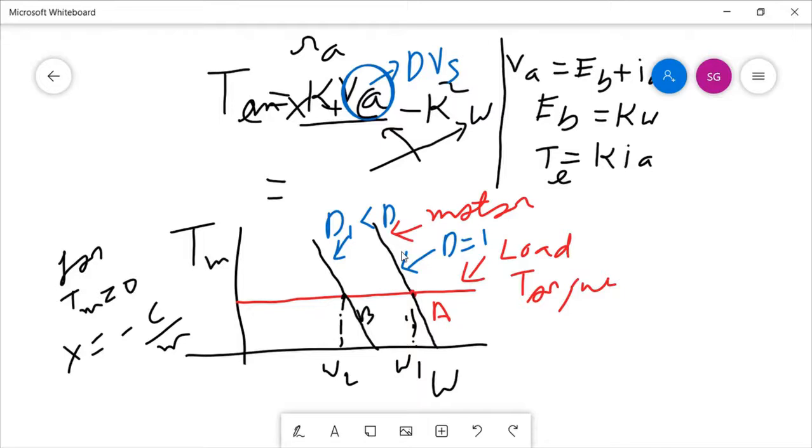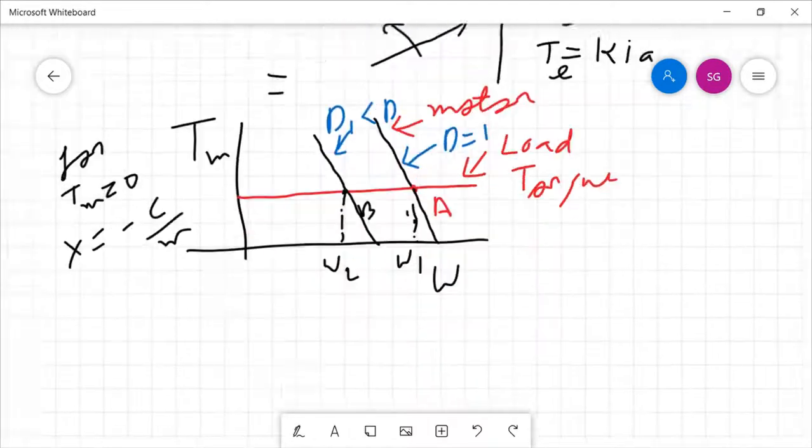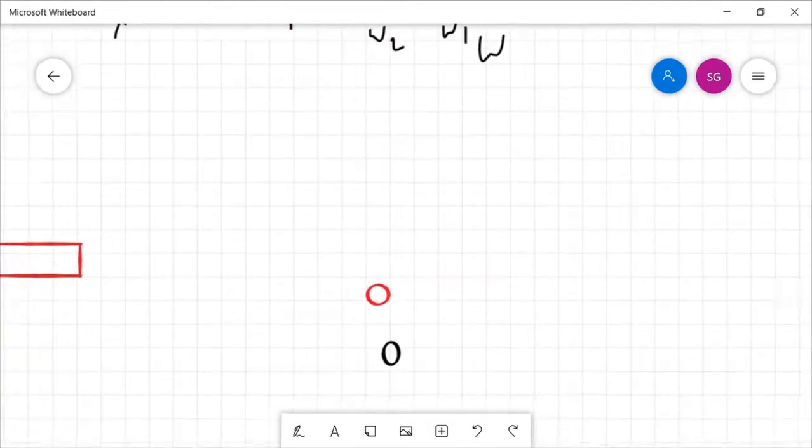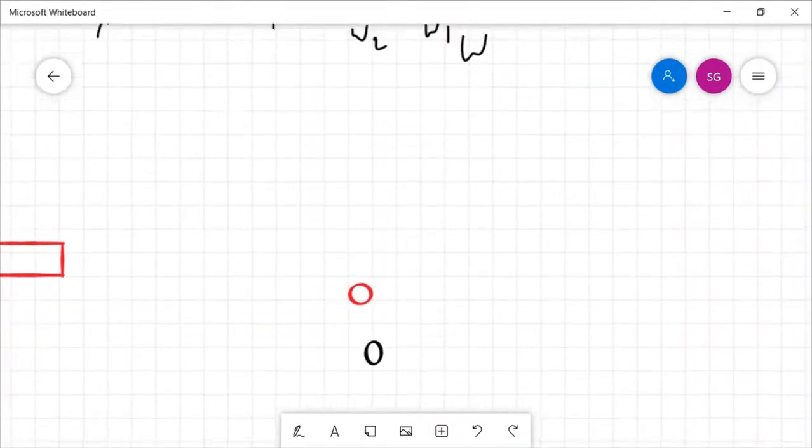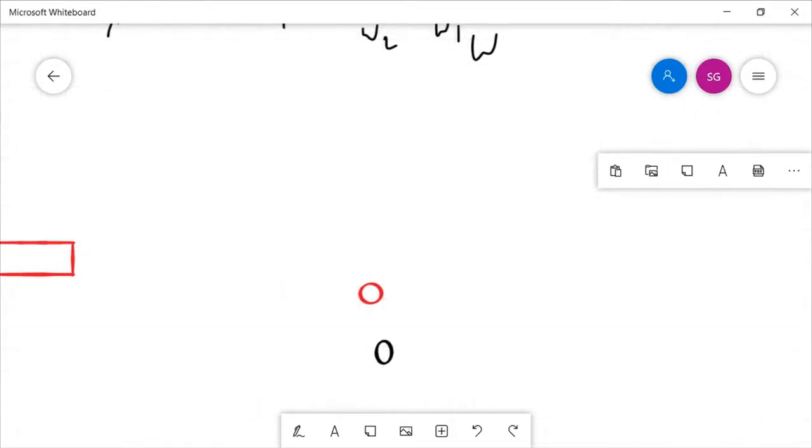So let us have some review of the three-phase induction motor.